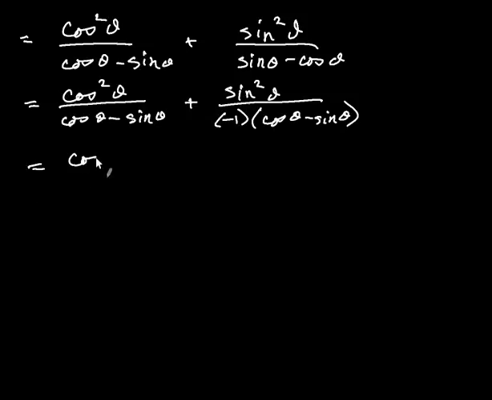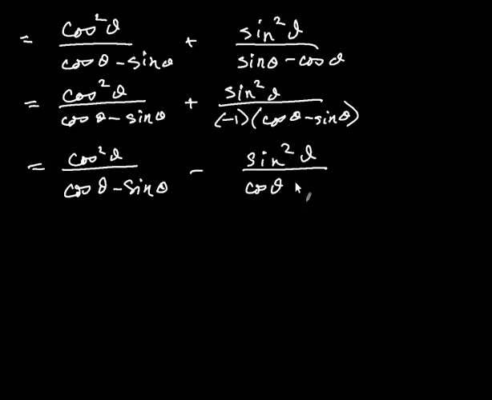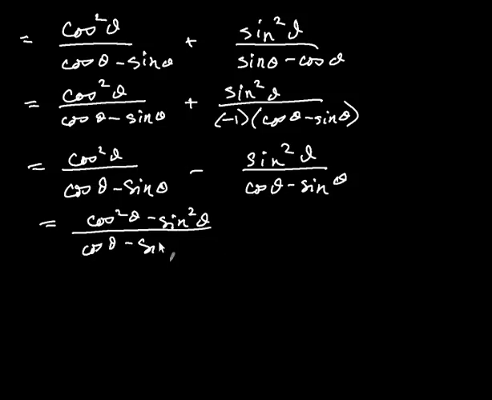So I'm looking at cosine squared theta over cosine theta minus sine theta, minus sine squared theta over cosine theta minus sine theta. And now the denominators are the same. So it's cosine squared theta minus sine squared theta over the common denominator, cosine theta minus sine theta.